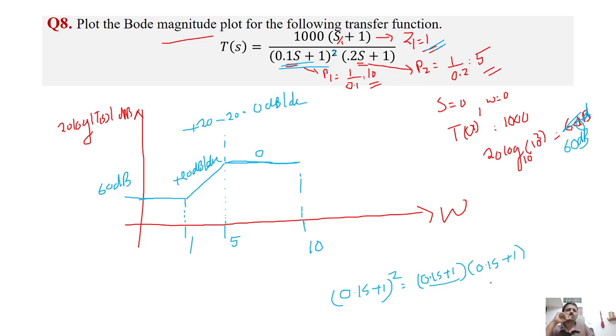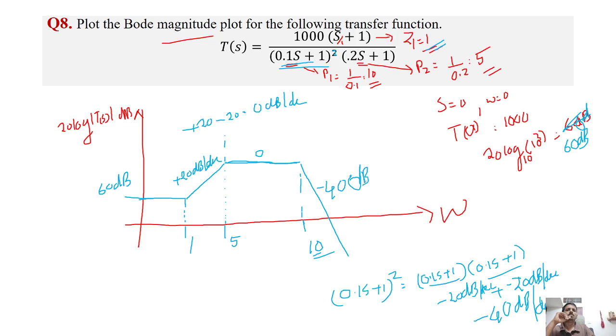Each of these poles will create minus 20 dB, so the net effect will be minus 40 dB per decade. It's not dB, it's actually dB per decade. So from frequency 10, the net roll off will be minus 40 dB per decade.